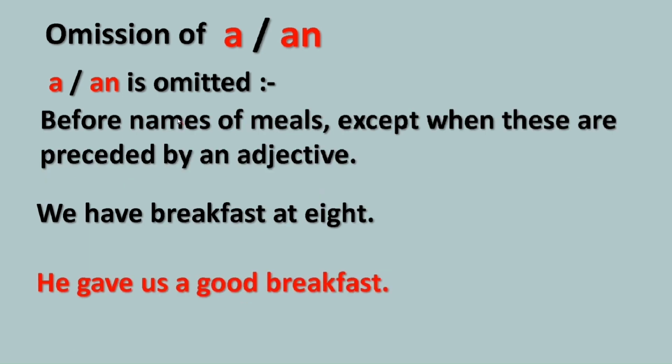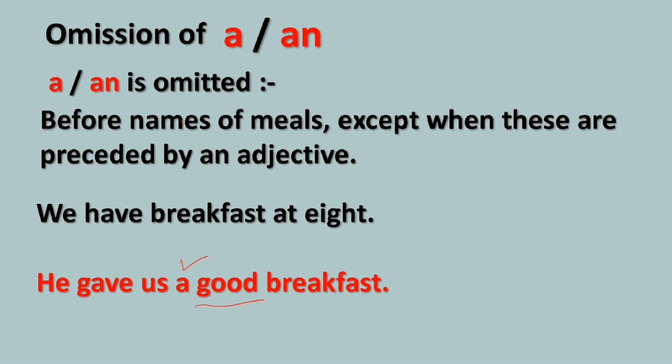Before names of meals, a or an is not used, except when they are preceded by an adjective. We have breakfast at 8. We cannot say we have a breakfast at 8. This is wrong. But when it is preceded by an adjective, see here, a good breakfast. Good is an adjective.